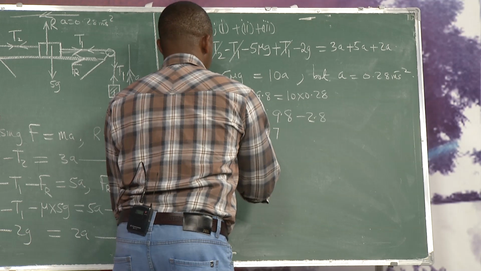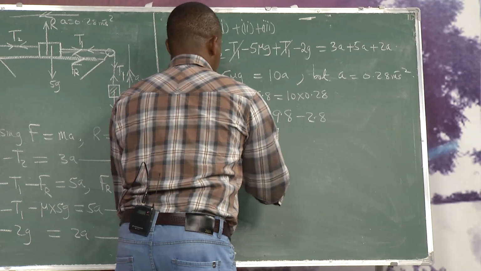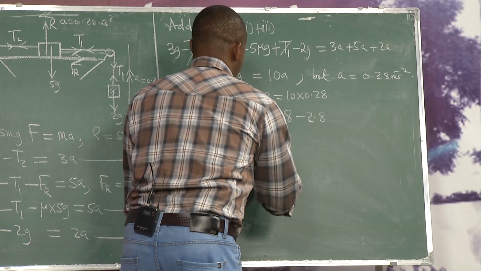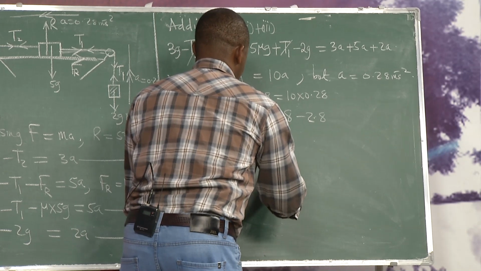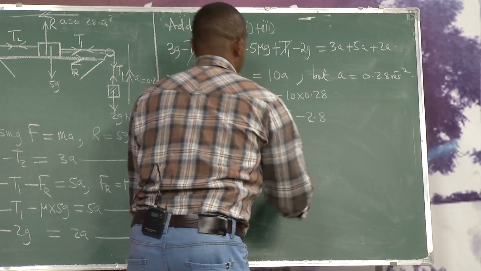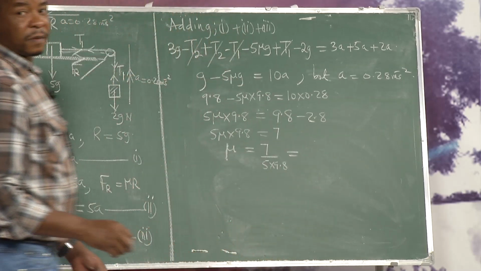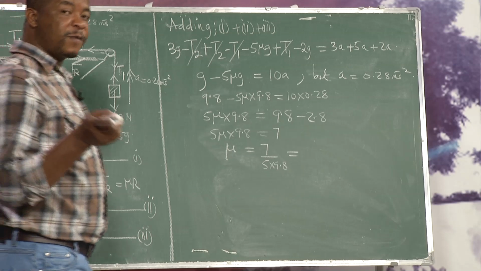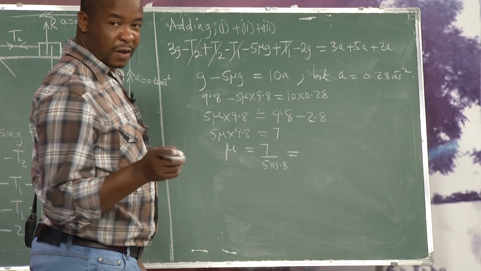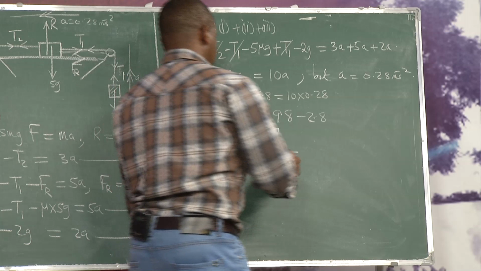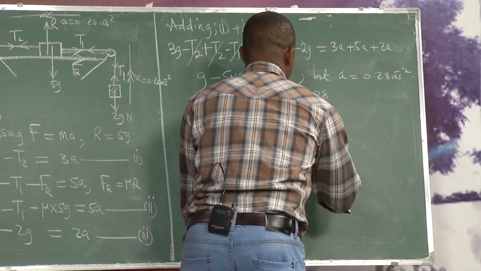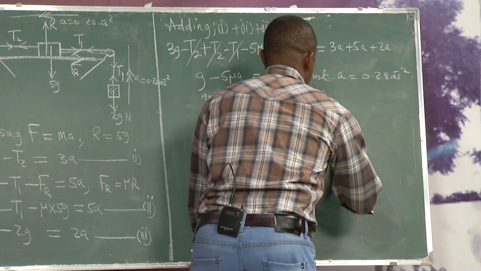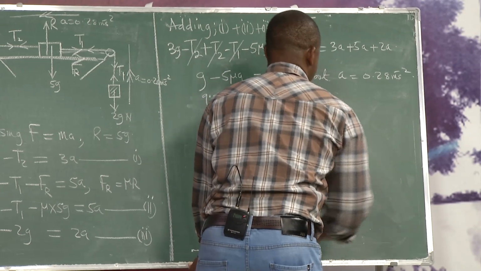And therefore mu, which is the friction, will be 7 out of 5 times 9.8. If we do the simplification, 9 times 5 is 45, and 5 times 8 is 4. So we are getting 7 out of 49, which we can write as 1 out of 7.